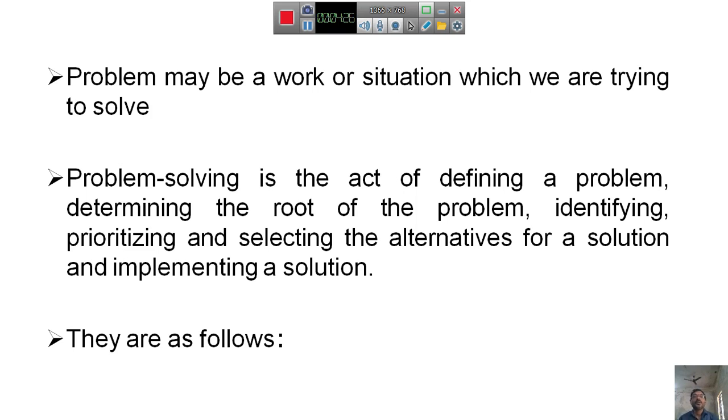Actually in this chapter the total contents are: what is a problem, how to define a problem, what are the steps involved in problem solving, what is an algorithm, what is a flowchart, how to write an algorithm, what are the symbols used in flowchart, and writing some algorithms and flowcharts, and what is a language.